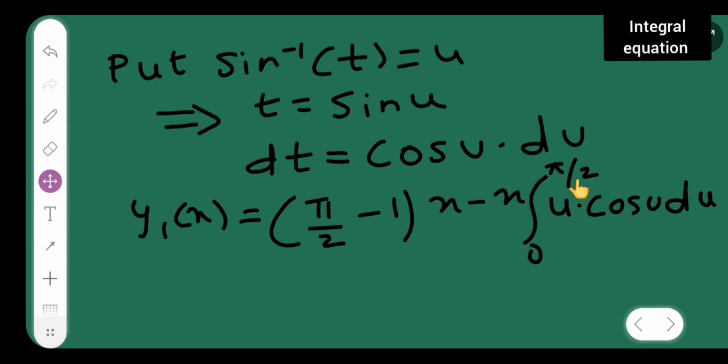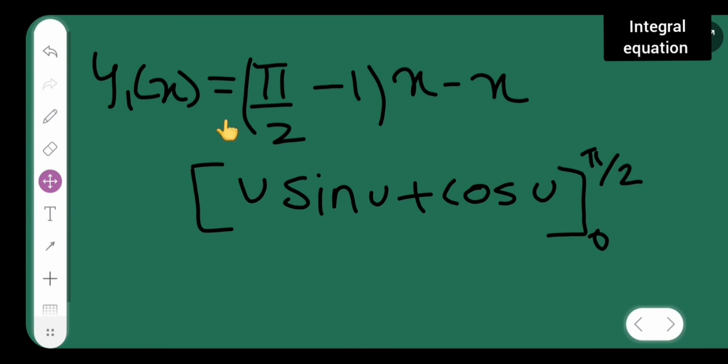Now substitute this value in this. Wherever the integral from 0 to pi by 2 is there, I have to substitute it. So y1 of x is equal to pi by 2 minus 1 into x minus x. Write down the integral of cos u: u sine u plus cos u, and the limit is from 0 to pi by 2.